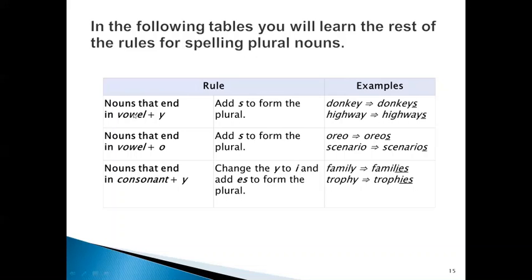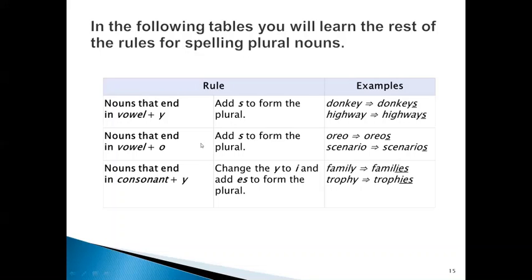So this applies to the letter y at the end and the letter o at the end. If there is a vowel before them at the end of the noun, we should add s, as in donkeys and boys and scenarios and Oreos.